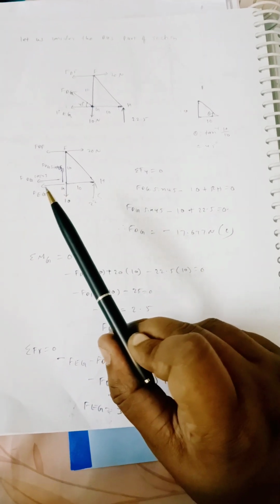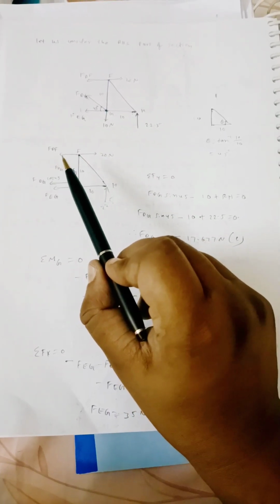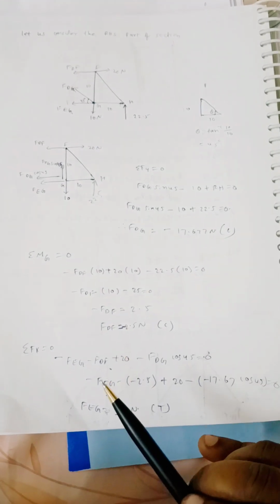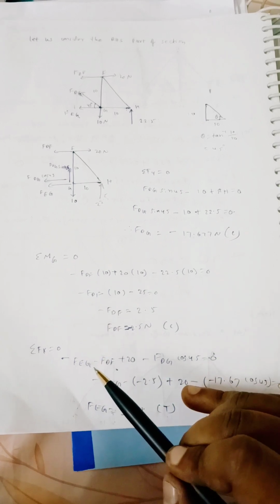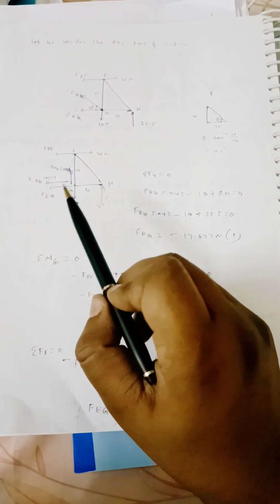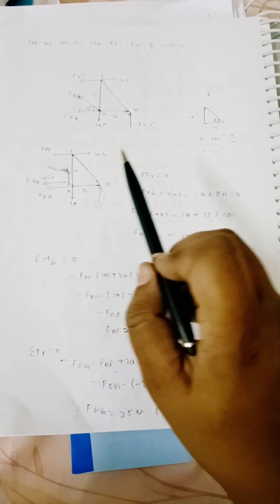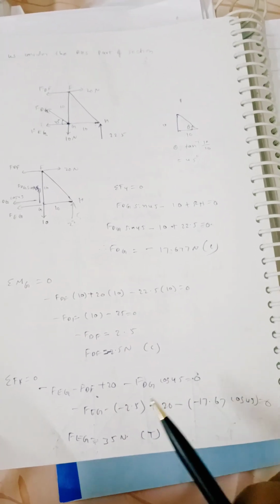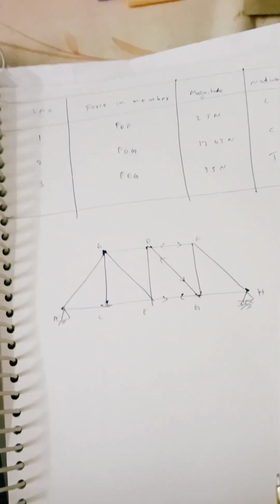If we take right side force as plus and left side force as minus, then minus FEG, minus FDF, minus FDG cos 45, plus 20 is equal to 0. From here you will get FEG equal to 35 newtons. So plus, therefore tension. That's it. We have found out all the forces in the members which were asked in the question.